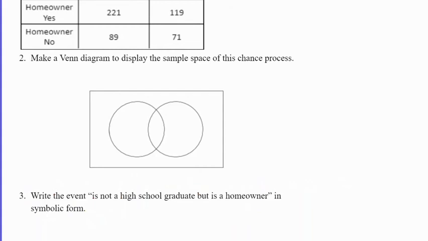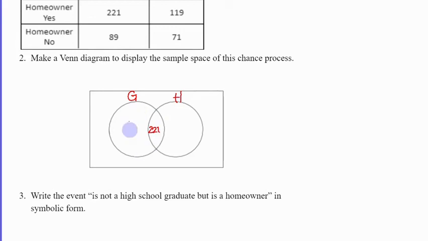Now, we want to make a Venn diagram for this situation. So I've got G and H. The number of people who are both high school graduates and homeowners goes in the middle.